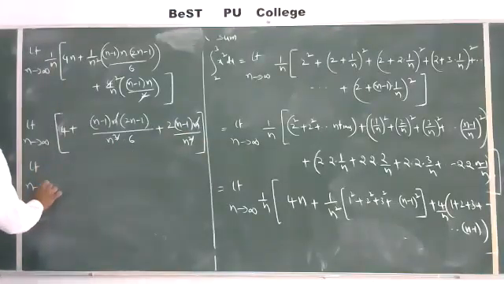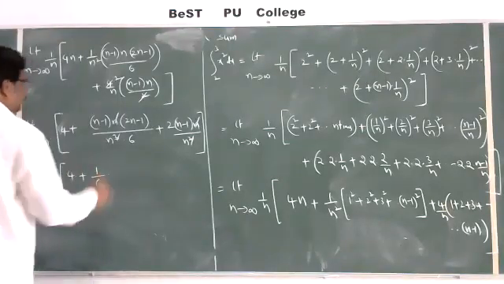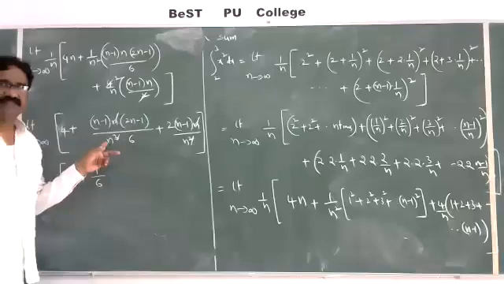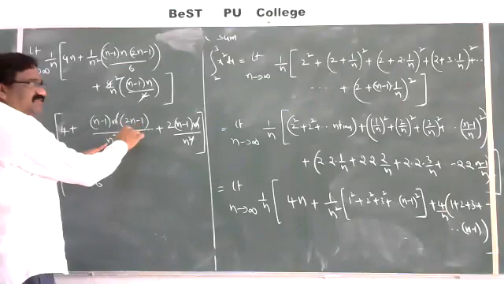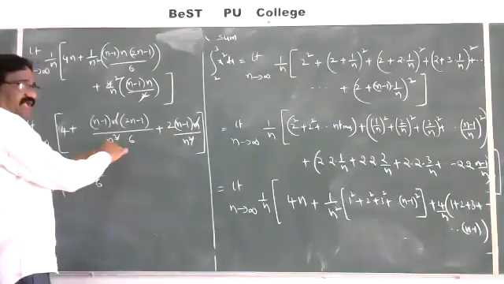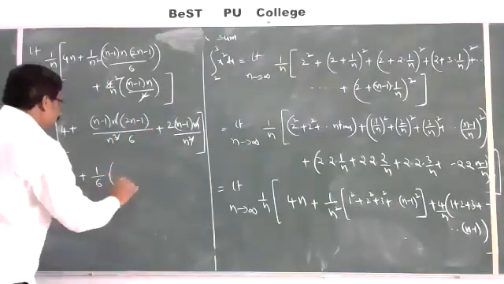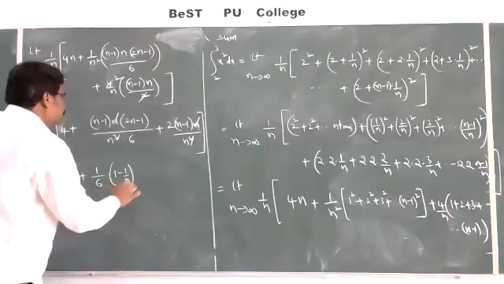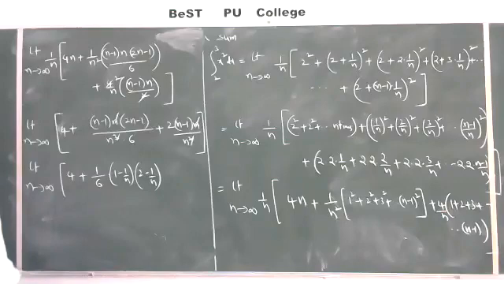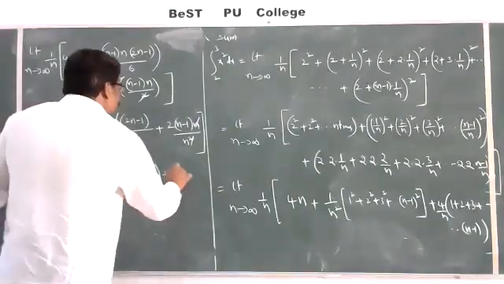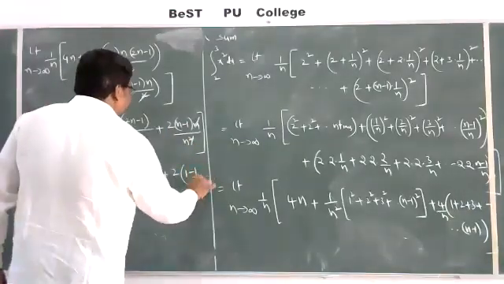That is limit n tends to infinity, 4 plus 1 by 6 into, here there is n square, so 1 n is dividing this bracket and 1 n is dividing that bracket. So here you get (1 minus 1 by n) into (2 minus 1 by n), plus 2 into, here n cancels, 1 n is there, that is (1 minus 1 by n).